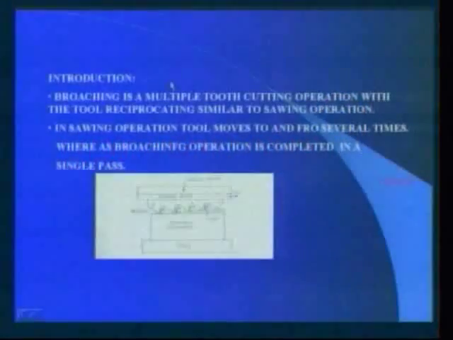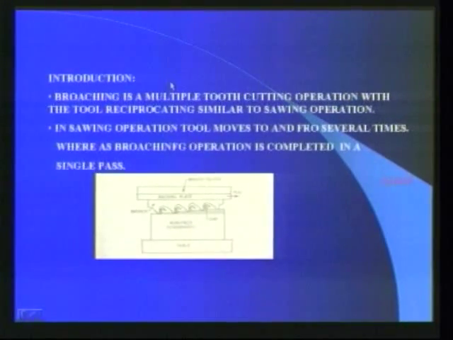Now, let us discuss what is broaching. Broaching is a method of removing metal by a tool that has successively higher cutting edges in a fixed path. It is shown schematically in the figure.